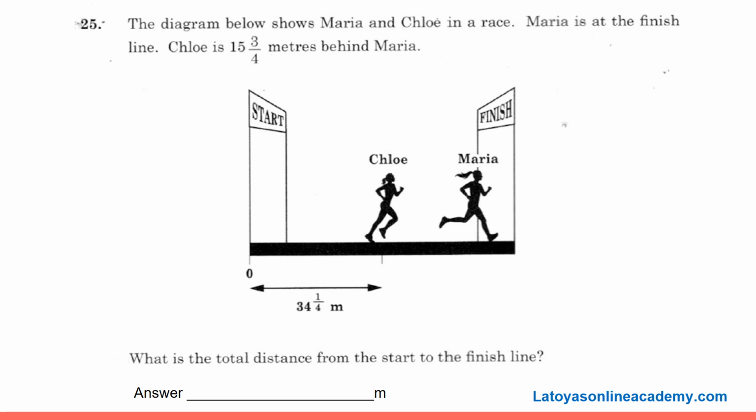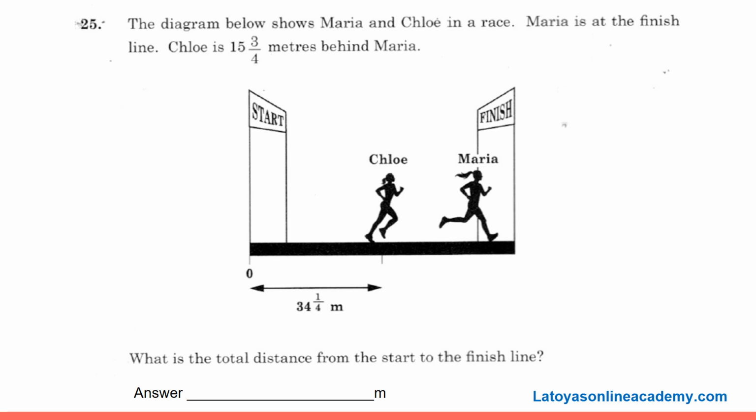Question number 25. The diagram below shows Maria and Chloe in a race. Maria is at the finish line. Chloe is 15 and 3/4 meters behind Maria. We can look at the diagram, we can see that. Alright, so Maria is at the finish line, and this is Chloe, and she is 15 and 3/4 meters behind Maria.